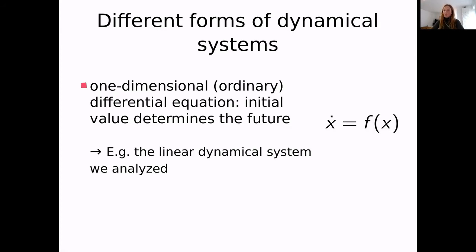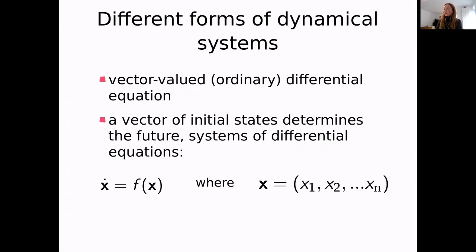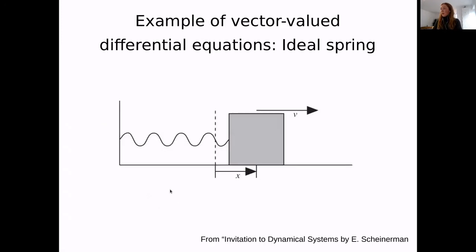And then we have this initial value that determines the future. So we may also have vector valued differential equations. And then the initial state is not only one value, but more than one value, which we can group together to such a vector. And then we get a system of differential equations, which we can also group together by this function f.